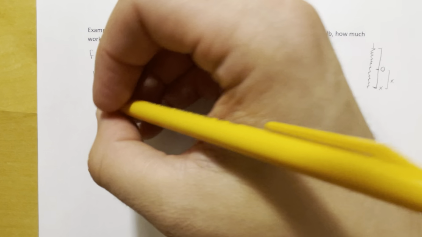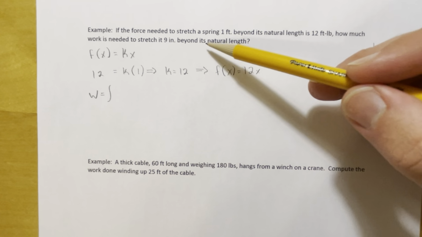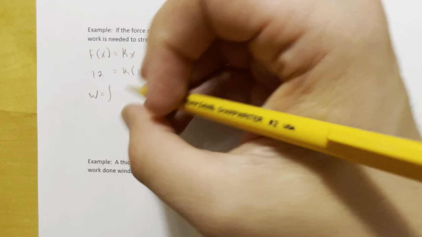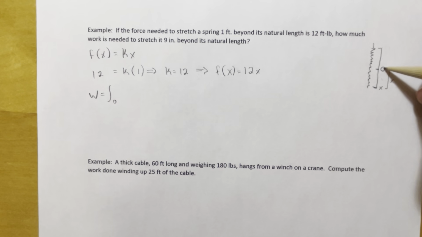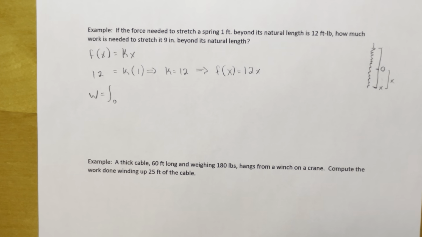Now it's work. We know that work is equal to an integral, and to stretch this spring 9 inches beyond its natural length, I would be starting at its natural length, which I'm thinking of as 0, and stretching it down to that 9 inches. So the upper limit of integration here should be that 9 inches, but I actually don't want to write 9 here, because that's the wrong units of measure, inches.